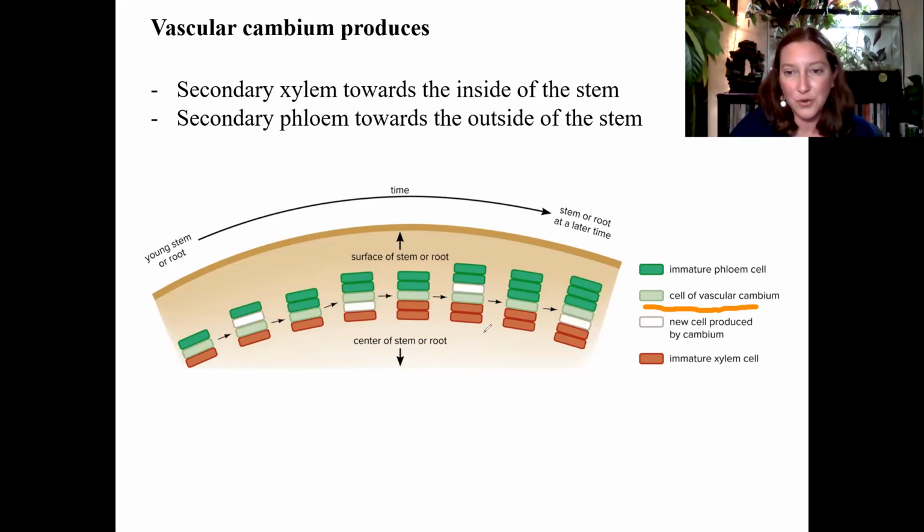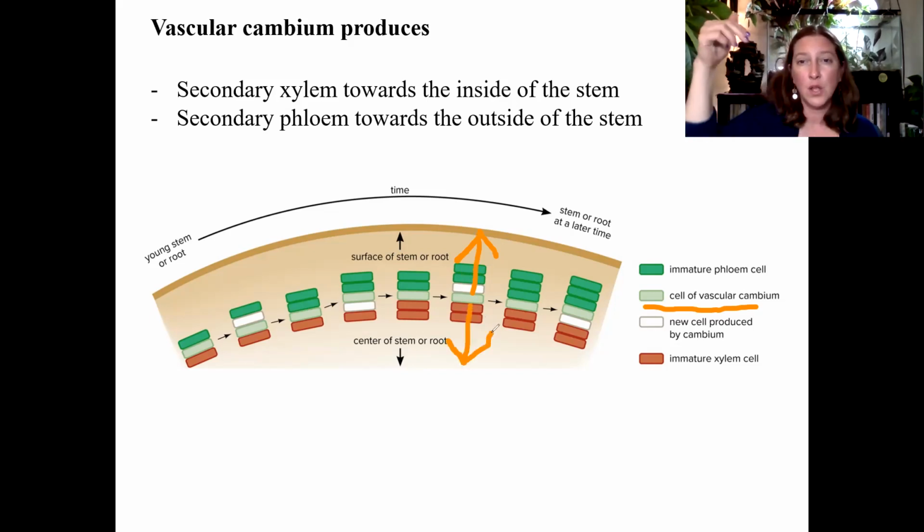But this is trying to show you that the vascular cambium makes secondary phloem to the outside of the stem, and the vascular cambium makes secondary xylem toward the inside of the stem.